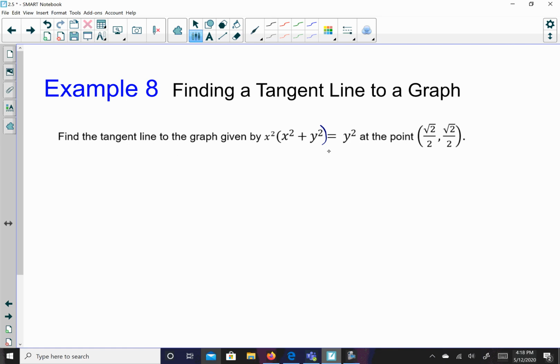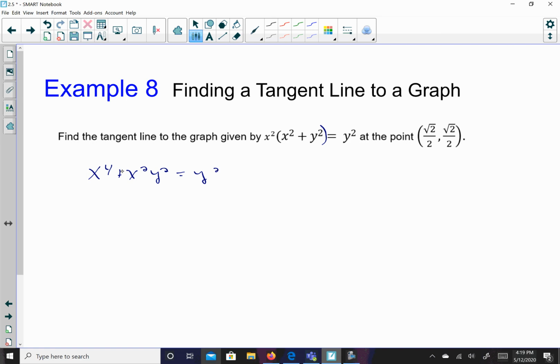So when I go to do this, I chose to multiply everything by x squared here. So I rewrote my function as x to the fourth plus x squared y squared, and that's equal to y squared. Either way, I'm going to have to do the product rule, so I decided it would be easy to do it this way.